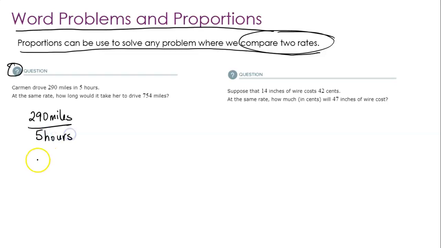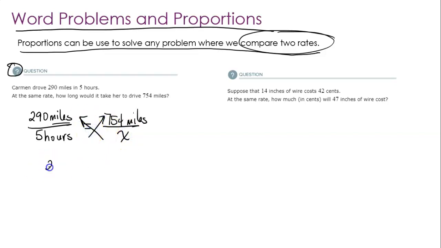Labels make this much easier for me to solve because I need to line things up. If I'm comparing two rates, I want those rates to be equal to each other, which means if I put the miles on the top, I can't put the 754 on the bottom. I need to put the miles on the top where the miles are like this. I don't know how many hours that's going to take, so that's where I put my x.